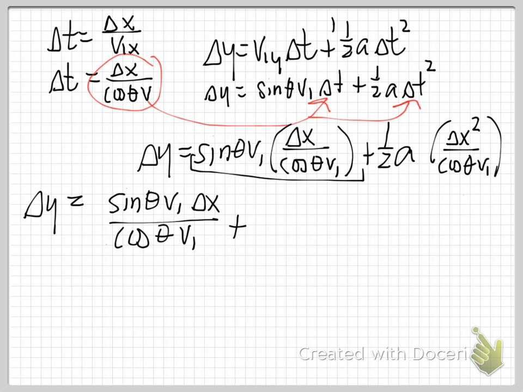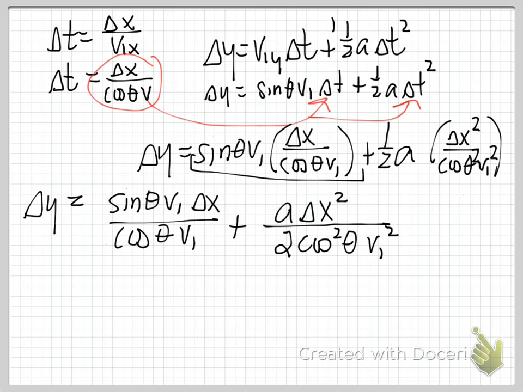We just have to remember now that we have to square the cosine also. So we can do that. That gets us a delta x squared over 2 cosine squared theta vi squared.